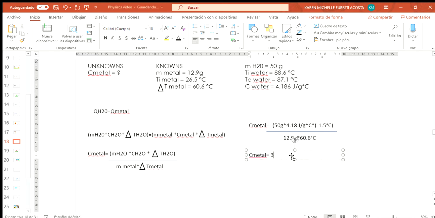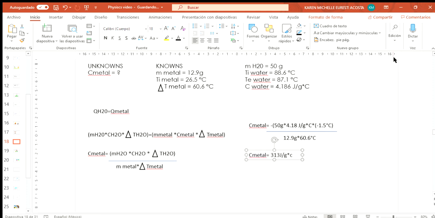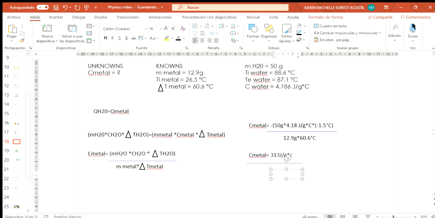Then it gives us 313 joules over grams per C, and 781.74.